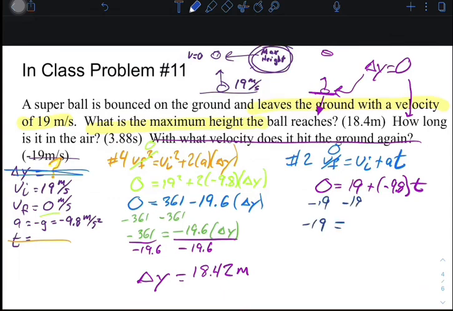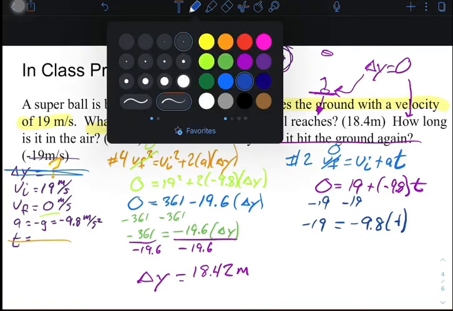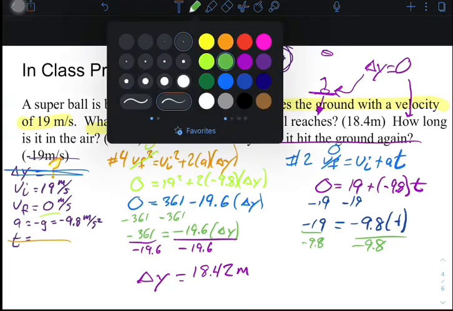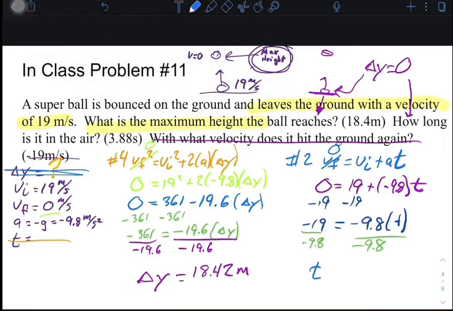Negative 19 is equal to negative 9.8 times T. Divide both sides by negative 9.8 because it's the inverse of the multiplication of negative 9.8 times T. And then our final answer, negative 19 divided by negative 9.8, is 1.939.